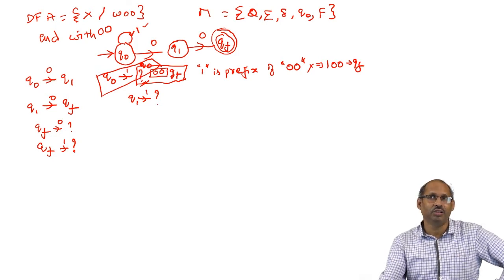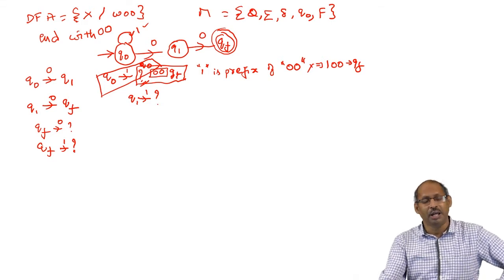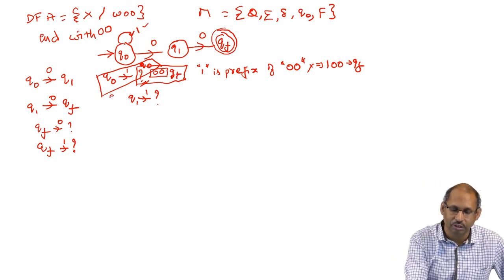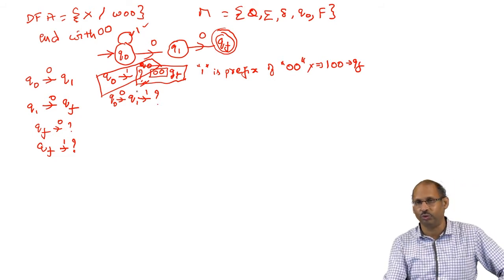Now, another one. Q1 on 1, where does it go? We have Q1 on 0 is QF. We got that transition, but Q1 on 1, where it goes, we have to find. How do we reach Q1? Q0 on 0 goes to Q1.